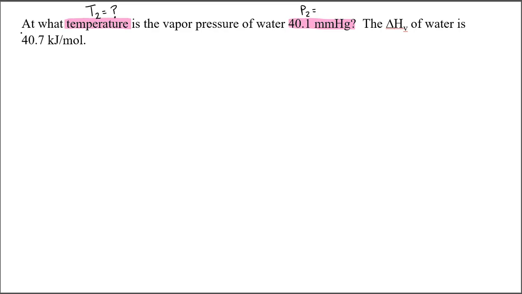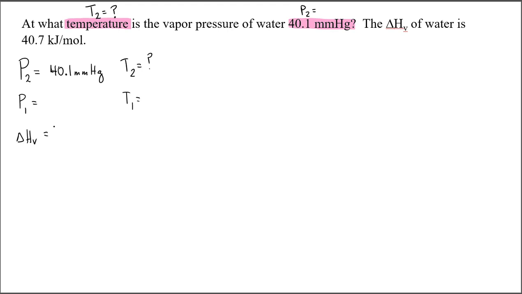All right, we have the delta H of vaporization of water. So let's set this up. The vapor pressure is 40.1 millimeters of mercury at some temperature. So then we need a pressure and a temperature. And again, you're like, oh God, she hasn't given me enough information.